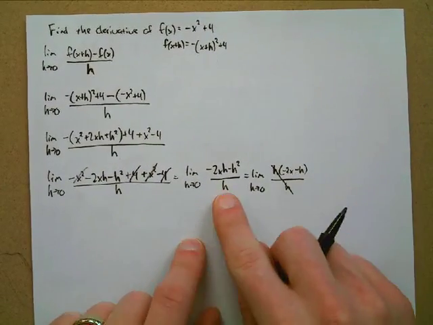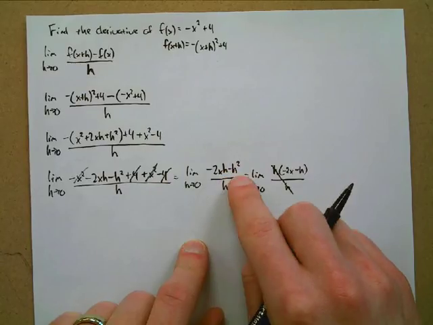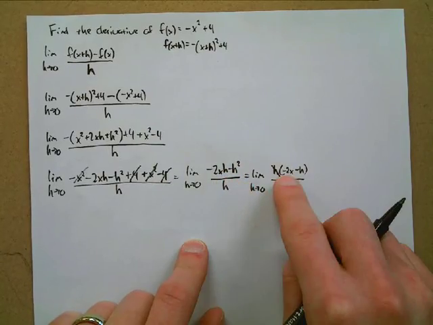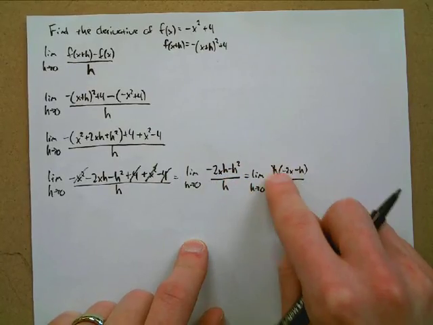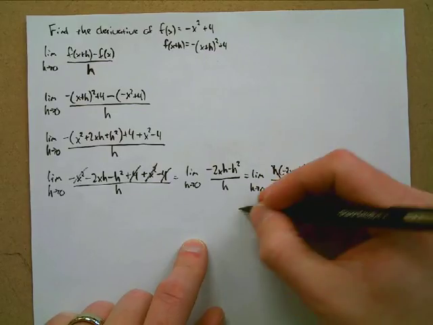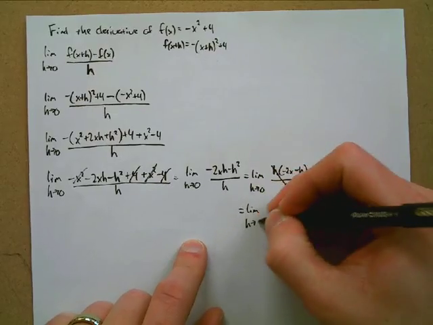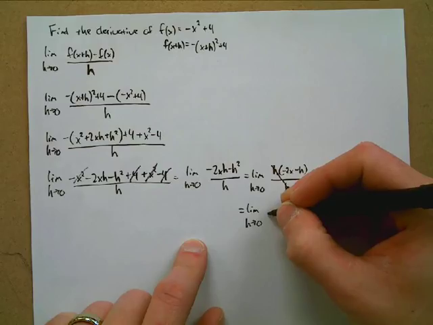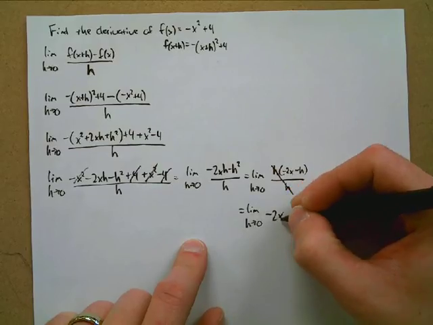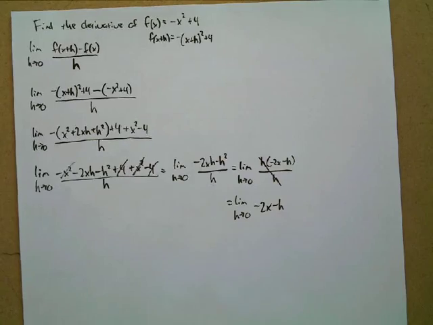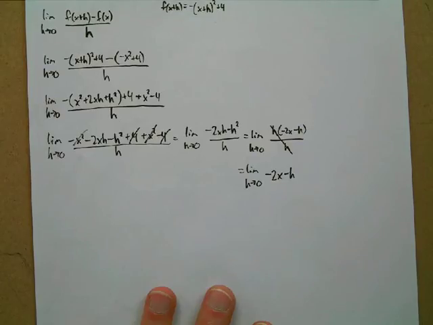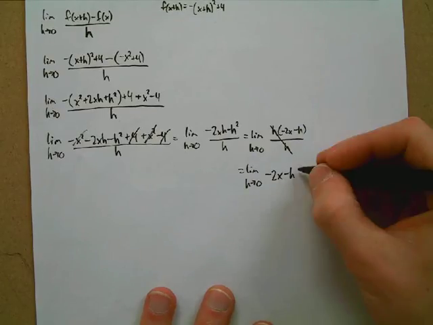And so now the limit as h approaches 0 of negative 2x minus h, which means the derivative is negative 2x. Right, when you plug in that 0. Okay, you get negative 2x.